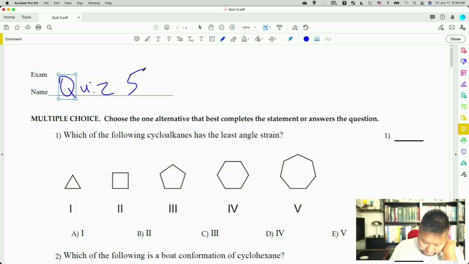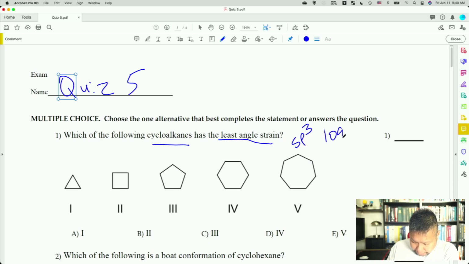All right, for the first question, which of the following cycloalkanes has the least angle strain? Well, remember, an alkane, whether it's a cyclo or not, has sp3 hybridized carbons, and sp3 hybridized carbons have 109 degrees as their most optimized bond angle.